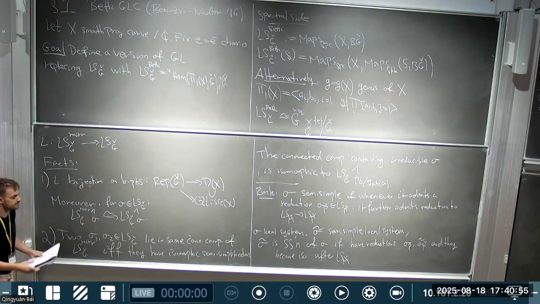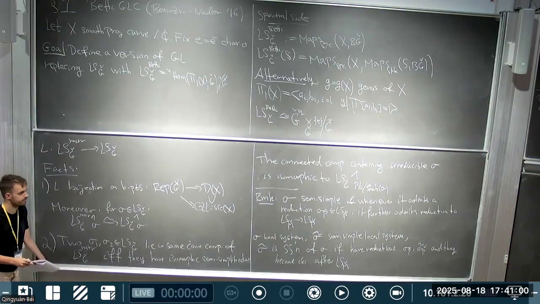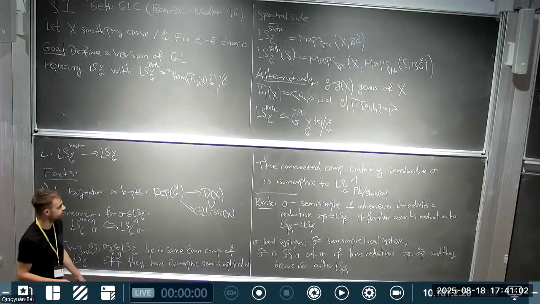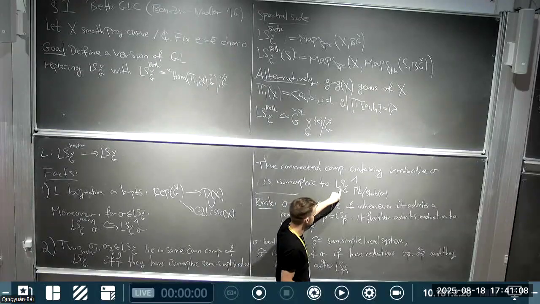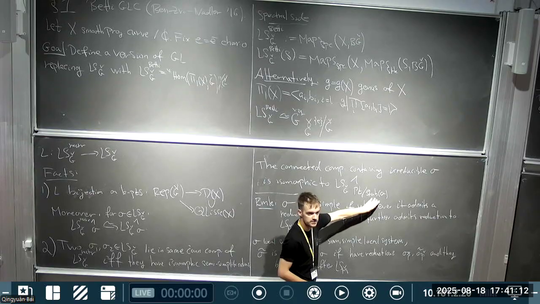What is the stack occurring in the second line? So take Loc_G check, and you formally complete at that point, modulo the stabilizer of sigma.